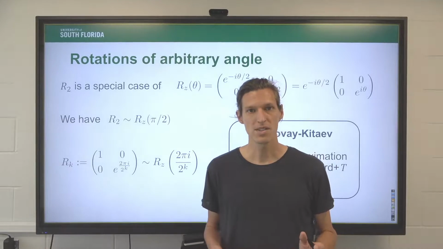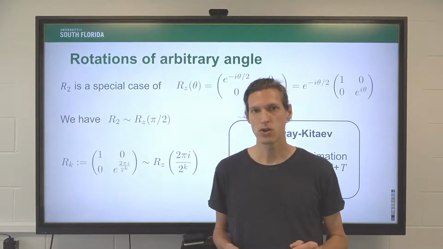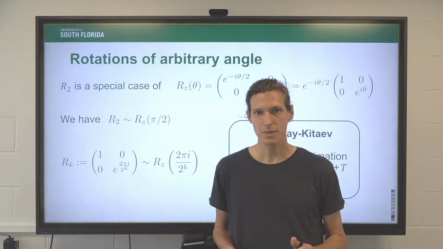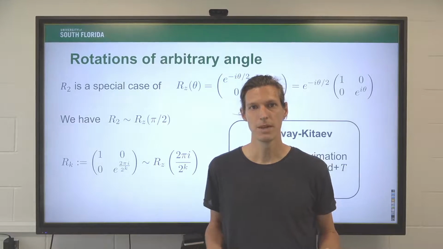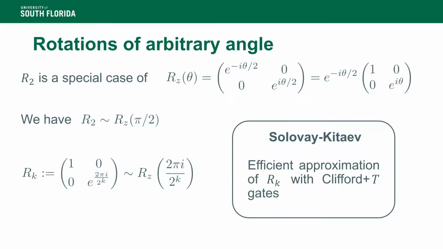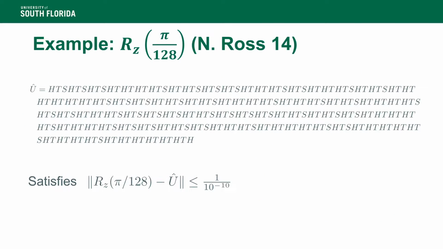Well, we can approximate them. That's really the only trick that we can apply because there are infinitely many of them. And we know from the Solovay-Kitaev results that we can provide efficient approximations of R sub k with Clifford plus T gates, and that's really all we need.